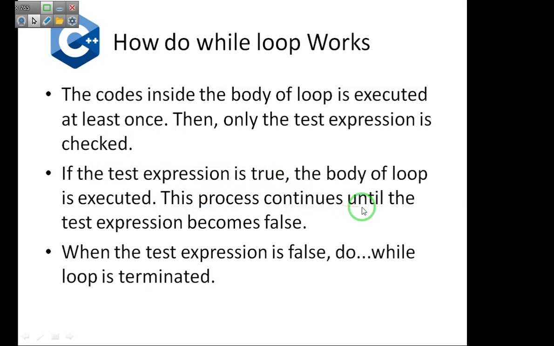The process continues until the test expression becomes false. So the process of testing goes on as long as the condition is true. If the condition fails, then it will stop or halt the program. Clear? When the test expression is false, do while loop is terminated, and then the statement after the loop will execute.